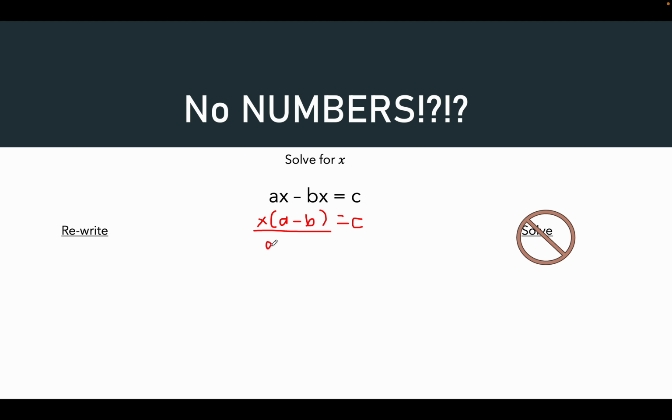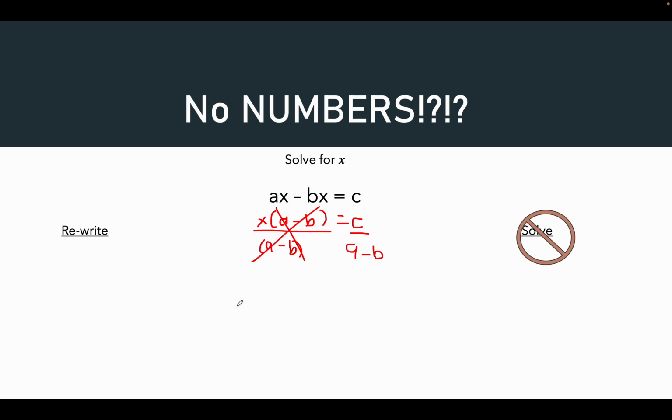So if I have A minus B in parentheses, then A minus B divided by A minus B equals 1. So that makes that go away. Now, if I divide this side by A minus B, I have to divide this side by A minus B. And at this point, you really can just drop the parentheses because there's nothing on the outside.